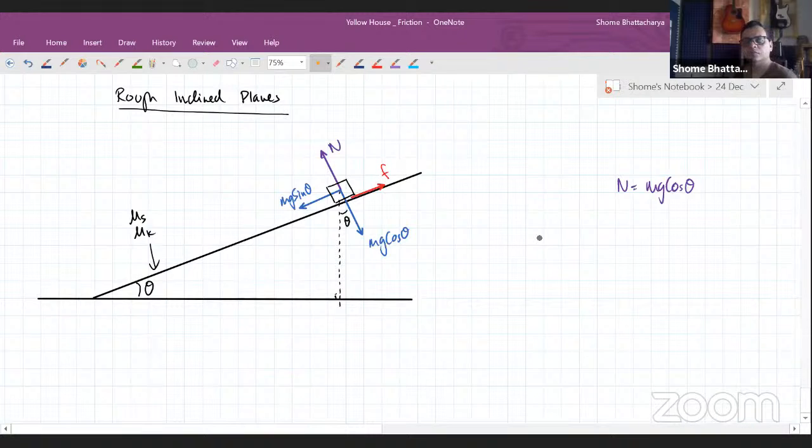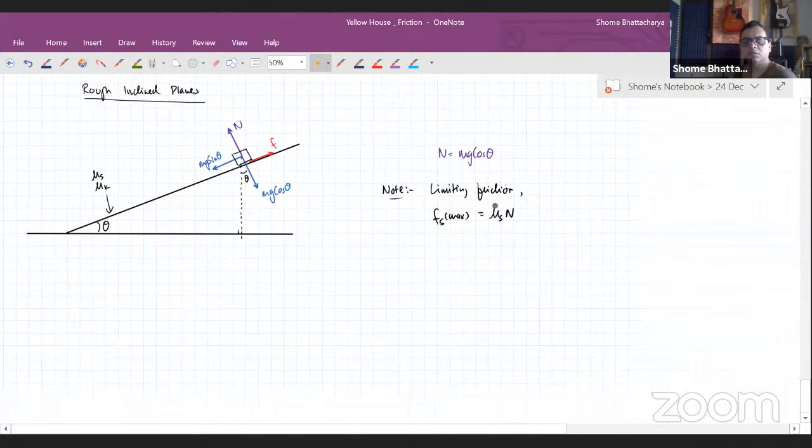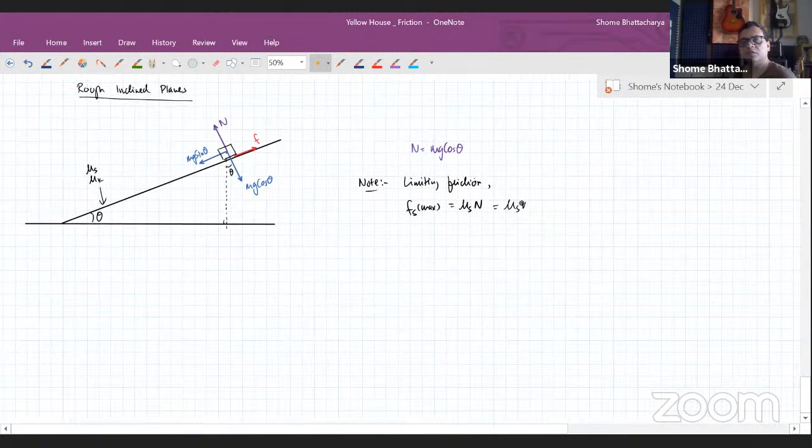So here, the limiting friction available, that is static friction's maximum, is mu s into normal reaction. So that is nothing but coefficient of static friction into mg cos theta.